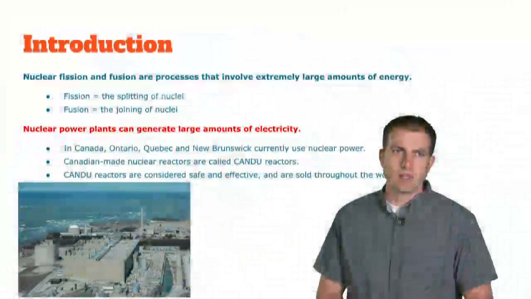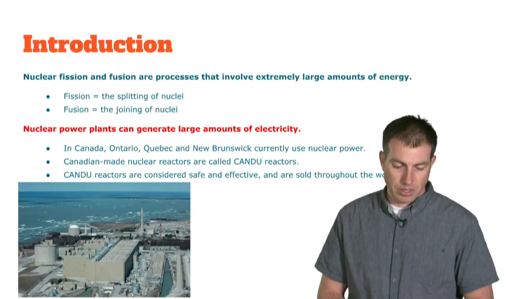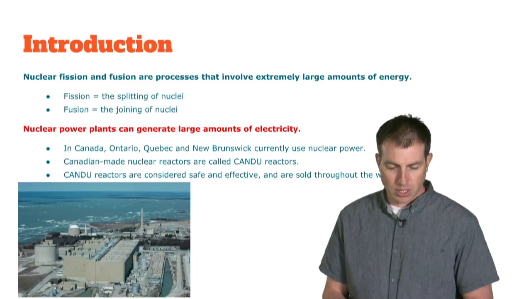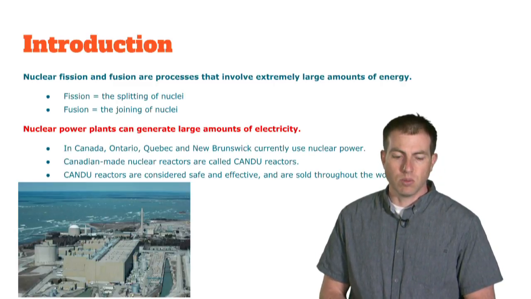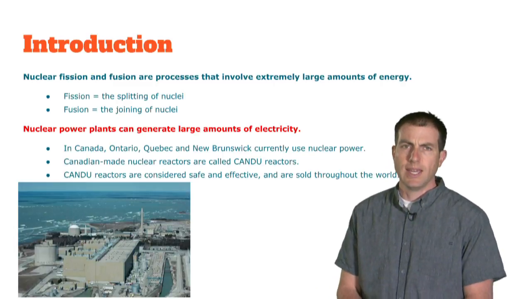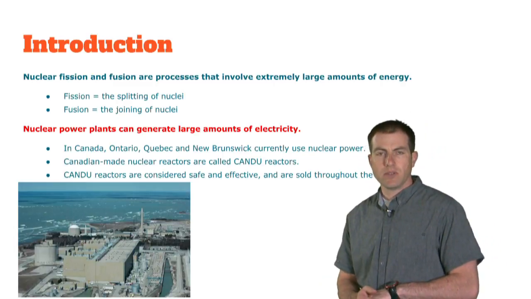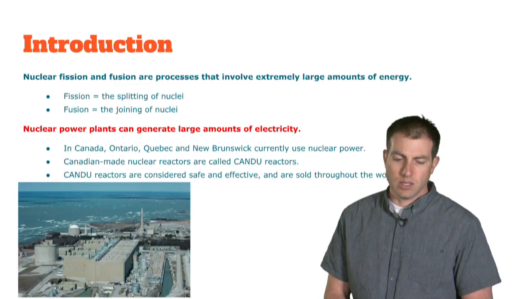So that's kind of what they look like. They don't look very special, but obviously they're very specialized. We sell our reactor technology all over the world. Basically, another country would say, hey Canada, we really need one of your fancy CANDU reactors. And we'd say, okay, where do you want it? And they'd say, right here.